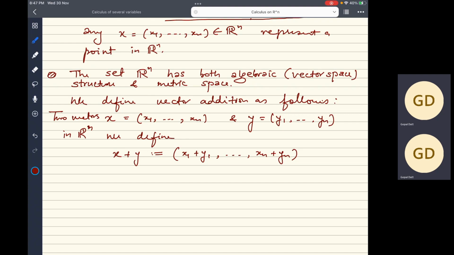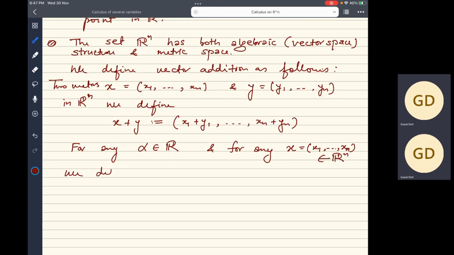For any alpha in R, any scalar, and for any vector x, which is this n tuple in Rn, we define scalar multiplication like this: alpha x1 to alpha xn.